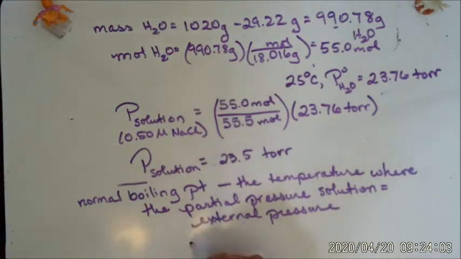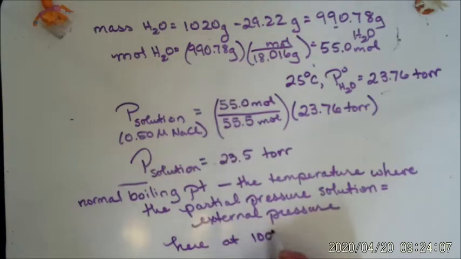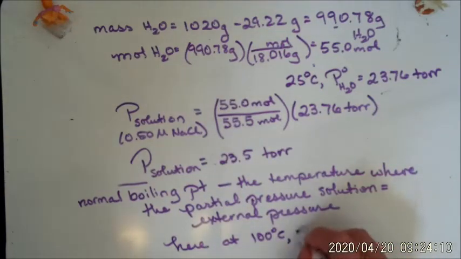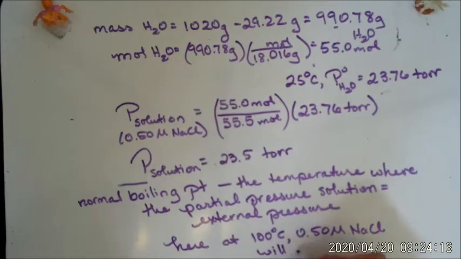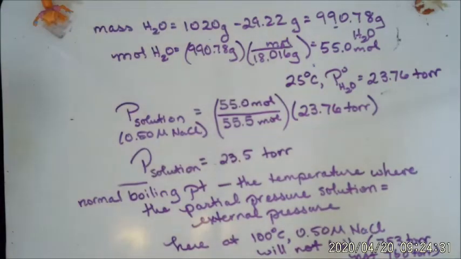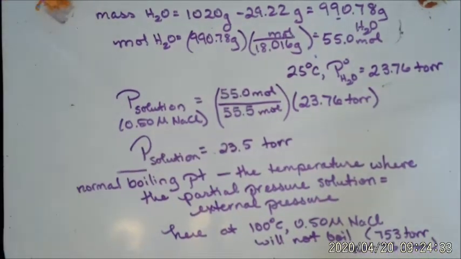So here, at 100 degrees Celsius, my 0.50 molar sodium chloride solution will not yet boil, because the pressure is 753 torr, not 760.